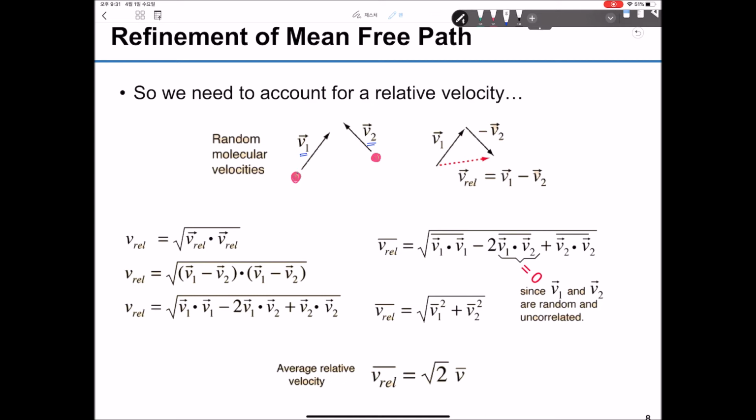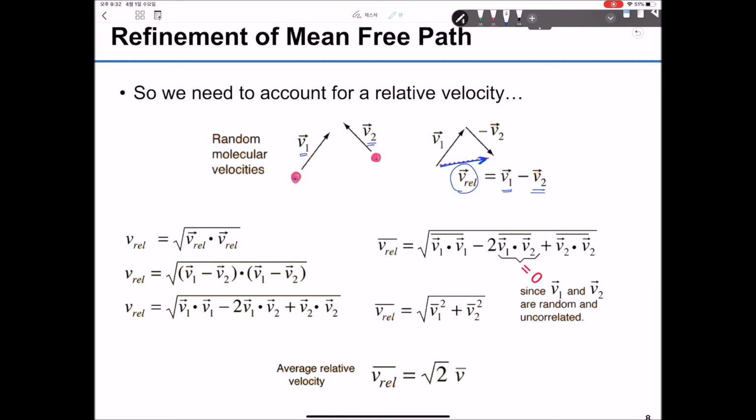However, when this molecule looks at this v2, the relative velocity is different, right? The relative velocity will be different from the actual absolute velocity. And we can calculate this relative velocity by subtracting another velocity from the original velocity, right? So the relative velocity seen from 1 to 2 is this one right here. So this is the vector of relative velocity.